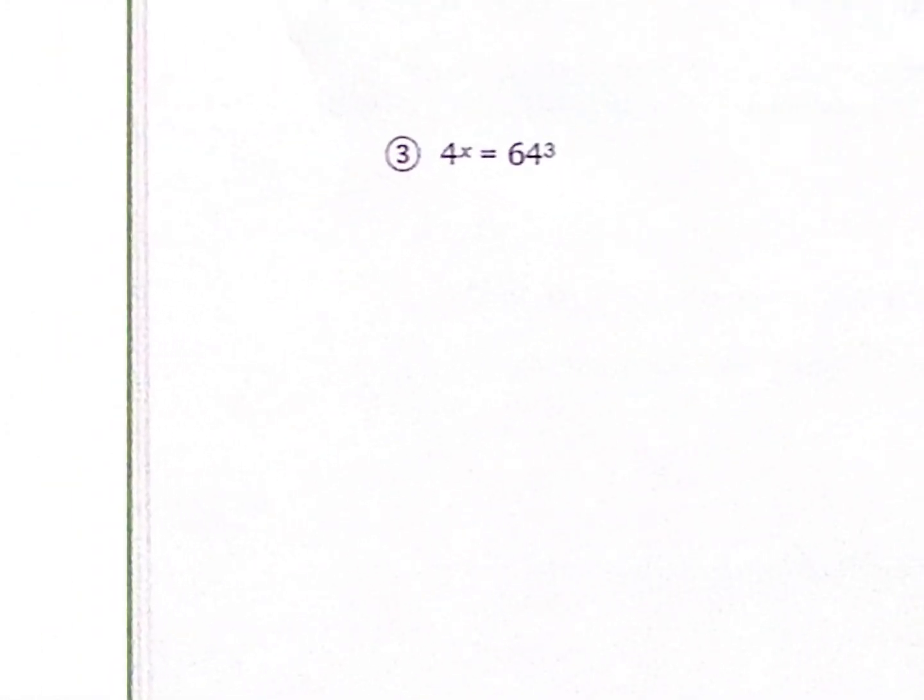All right, what base can we use or should we use for this one? What do you think? 4? We could also use 2, but 4 will work, and I think 4 is probably easier. So let's keep this as 4 to the x. We've got to rewrite this 64.